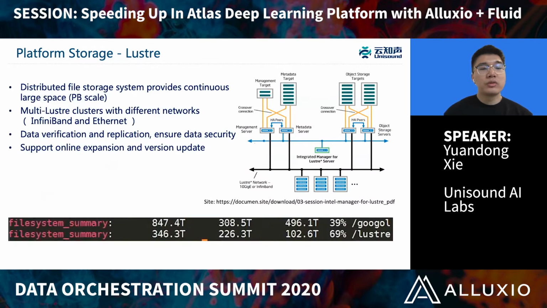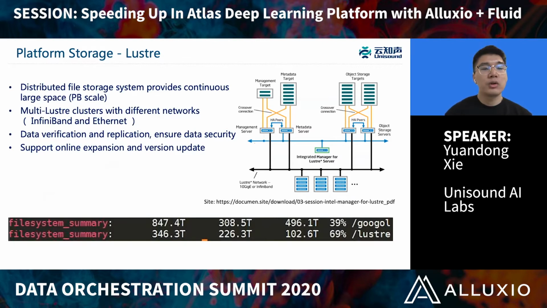I would like to introduce the storage of our platform, Lustre. Lustre is widely used in the HPC field. The distributed file storage system can provide continuous petabyte-scale space. It provides data verification and replication to ensure data security.